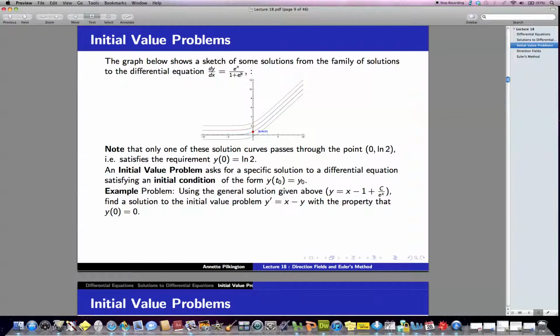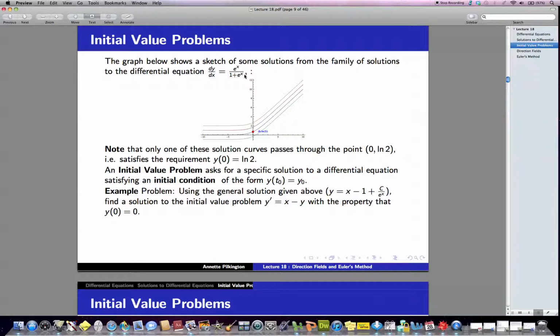Here we have a differential equation, and this is a type of differential equation that we've studied in Calculus 1. The idea here is a solution to this equation is an antiderivative of this function. It's some function y, a function of x, so that the derivative of y with respect to x is e to the x over 1 plus e to the x.